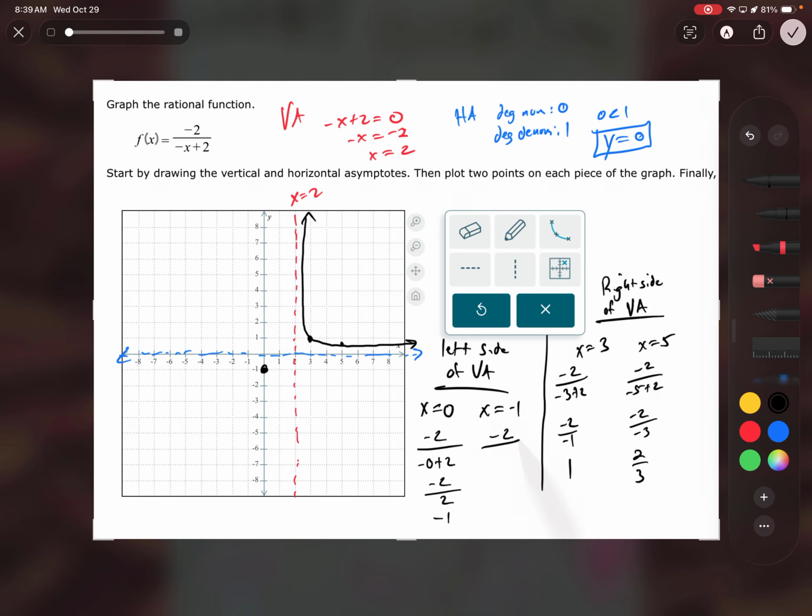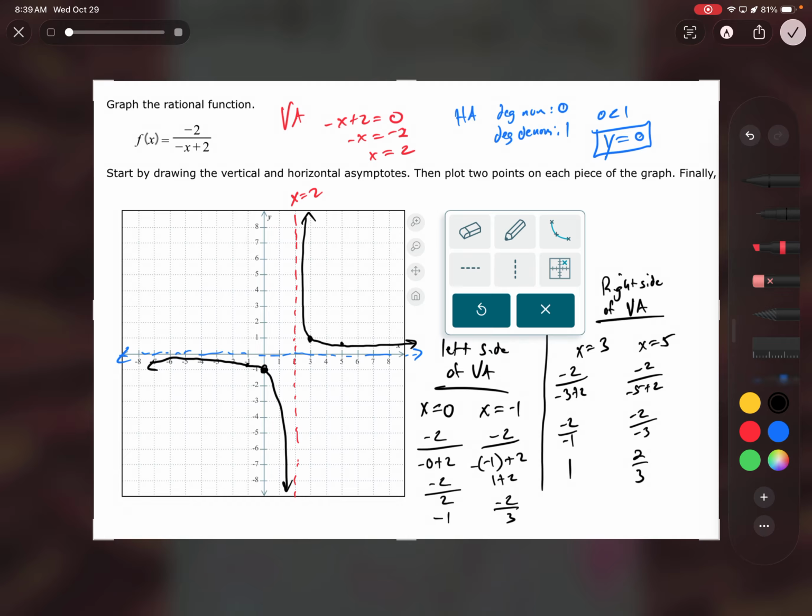We can double check that with another point. -1 would be +1, so this would be -2 over 3. So at -1, I'm at -2/3. So it is going to be below the blue line. Okay? So that kind of makes sense. You pick 2 points on the right side of the red line, and then you're trying to figure out if you're above or below the blue line. You pick 2 points on the left side of the blue line, and you're trying to figure out if you're above or below the blue line.